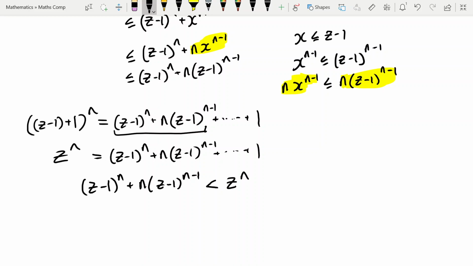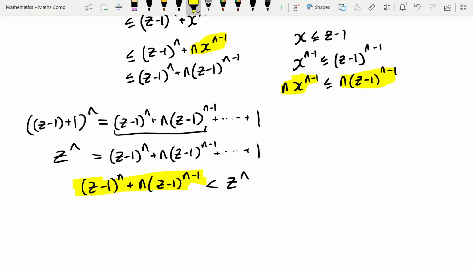Because z to the n is made of this plus a few other terms, it becomes clear that this will be less than z to the n. If you have the cases where n is 2 or n is a low number, you may have to show that individually, but for n greater than 2, it's obvious that this is the case.